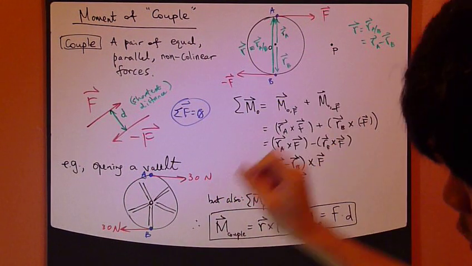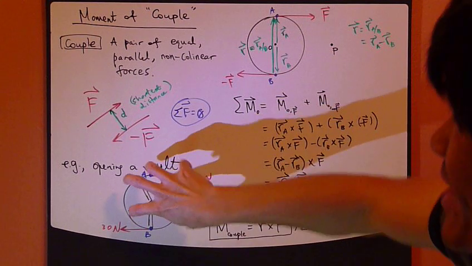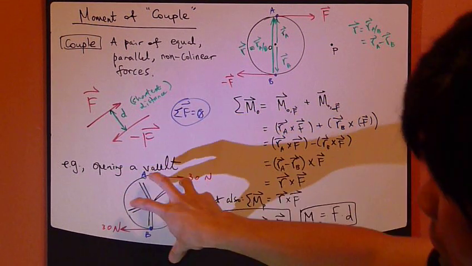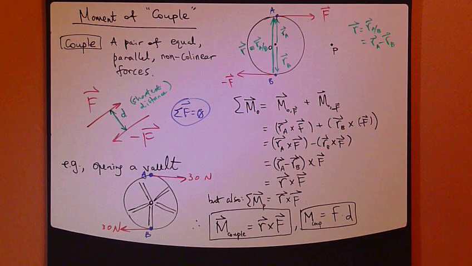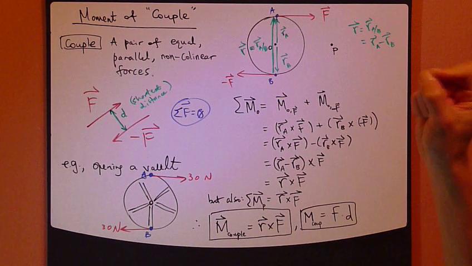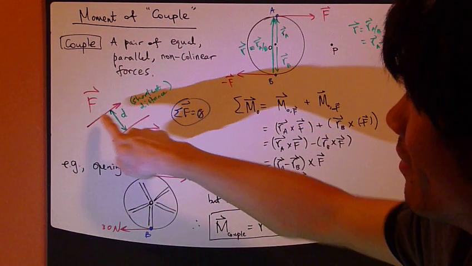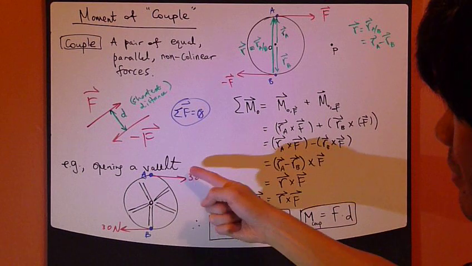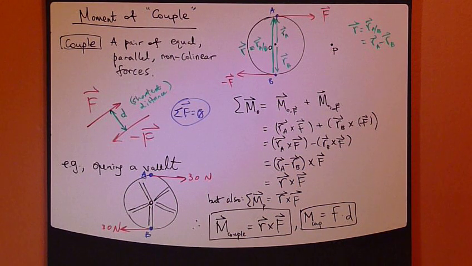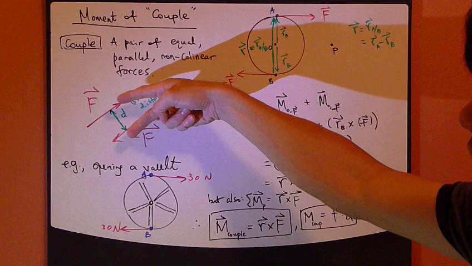However, they will have a tendency to try to make this object rotate, which is exactly moment. So there will be a resulting moment, and this pair of forces is exactly couple.